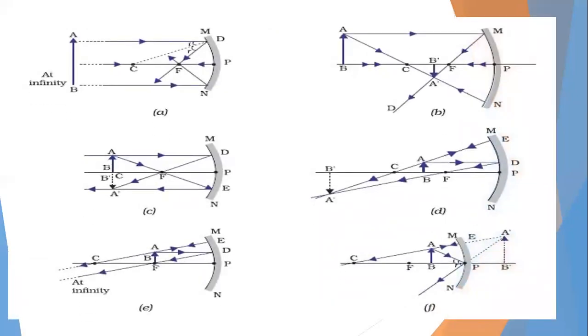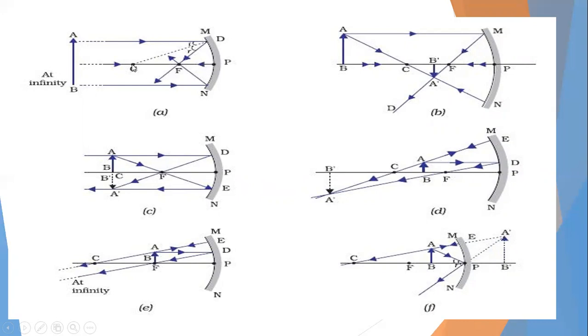Now, another view of the ray diagram for the concave mirror, right? When you draw the ray diagram yourself, you can take the help of these diagrams. Remember, when you draw the ray diagram, draw a principal axis of any length and in front of it a concave mirror like this, a curved mirror.